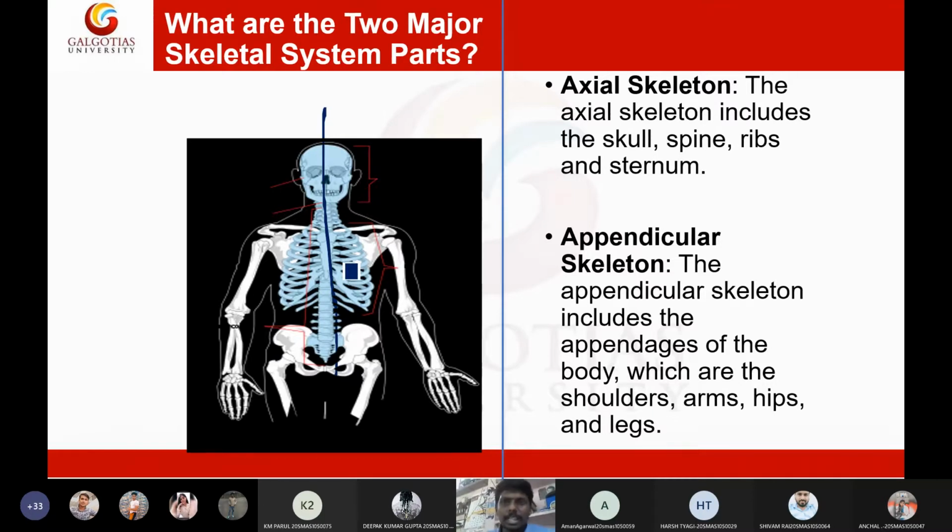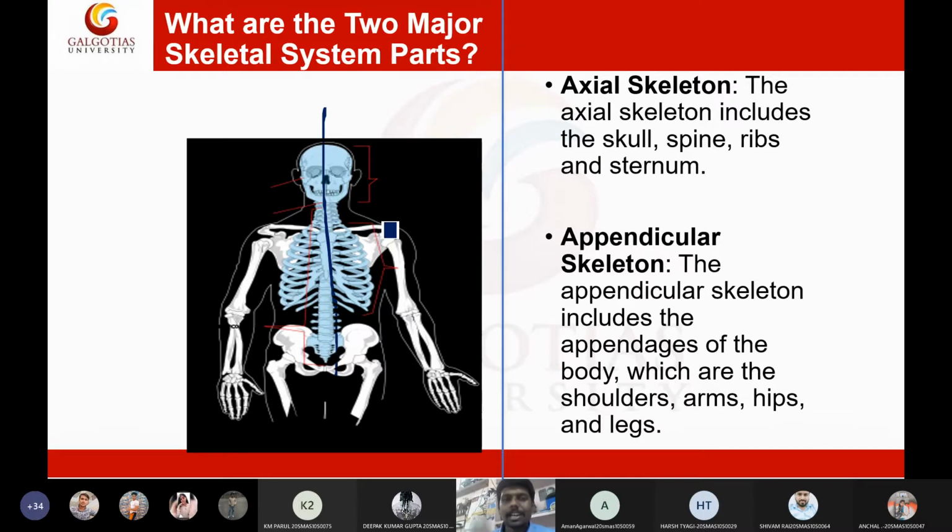The axial skeleton includes the skull, spinal cord, sternum, and rib cage. Whereas the appendicular skeletal system means the bones attached to this axial skeleton, such as your hip bone, hands and legs.